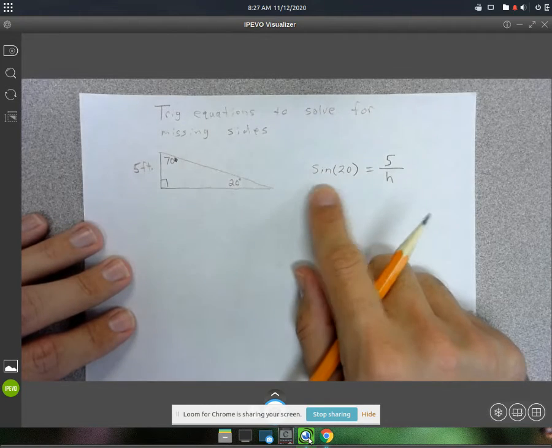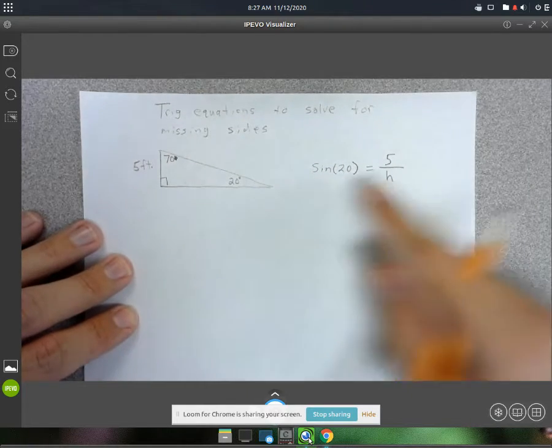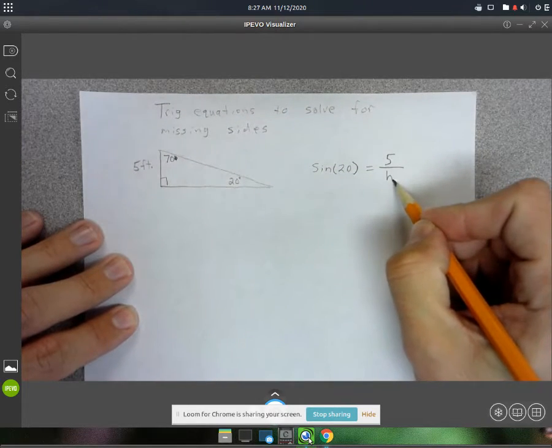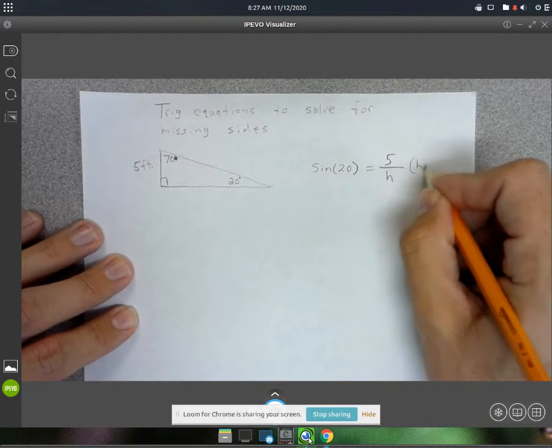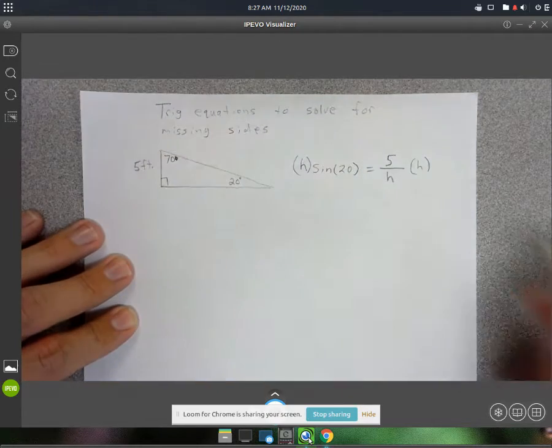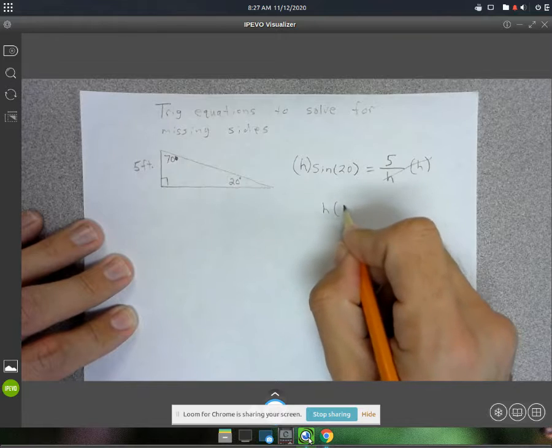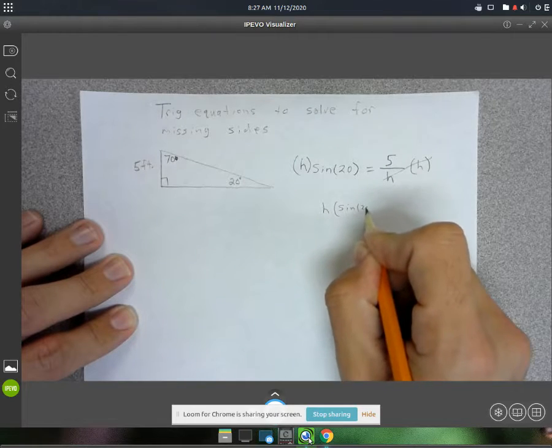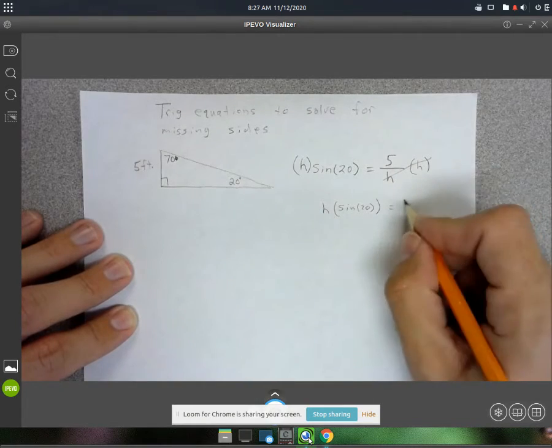Now, to solve for the h, I think what I'm going to do first is leave it as sine of 20 and multiply both sides by h. Those are going to cancel, and we're going to get h sine of 20 is equal to 5.